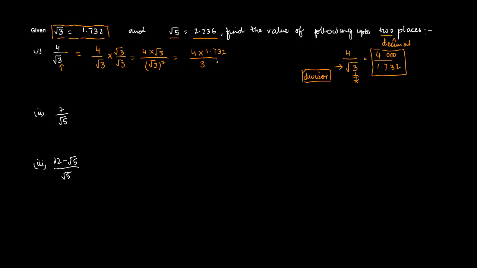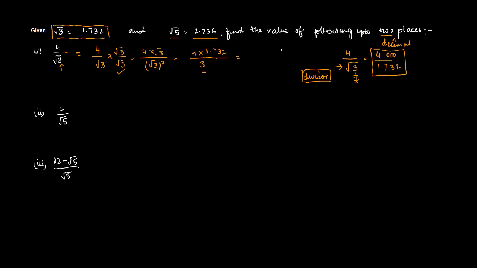Now if you have noticed, instead of division of 4000 by 1732, which would have been cumbersome, by smartly multiplying by root 3 upon root 3, what we have achieved is converting this into an equation where we just need to do a multiplication and a simple division.